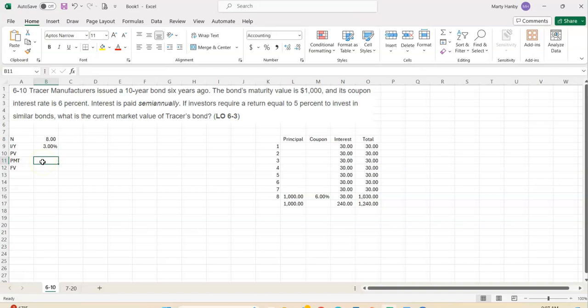So our payment is 1,000 times 0.06, the coupon rate, divided by 2. Oh, I'm sorry, I'm screwing up here. Or that's correct. And then the PV is the 1,000, and those are both positive because they would be receipts.